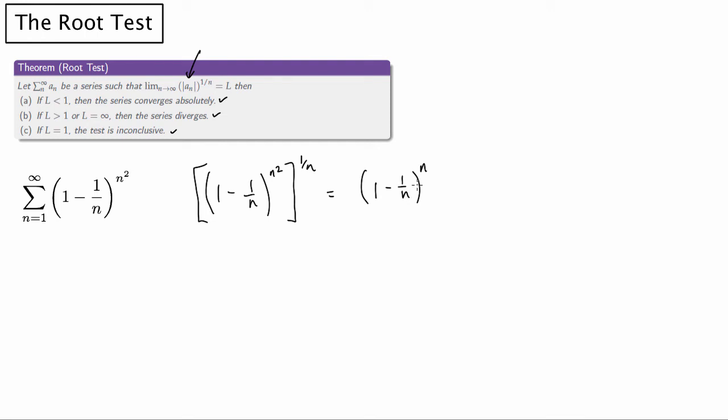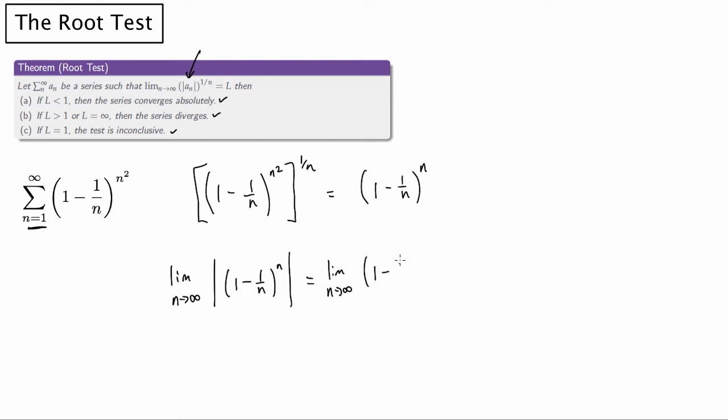And so if I now look at the limit as n goes to infinity of the absolute value of that, then this limit is the same as, I can drop the absolute values now. I know all the terms in here are positive. This is for values of n going from 1 to infinity, so I'm okay here.